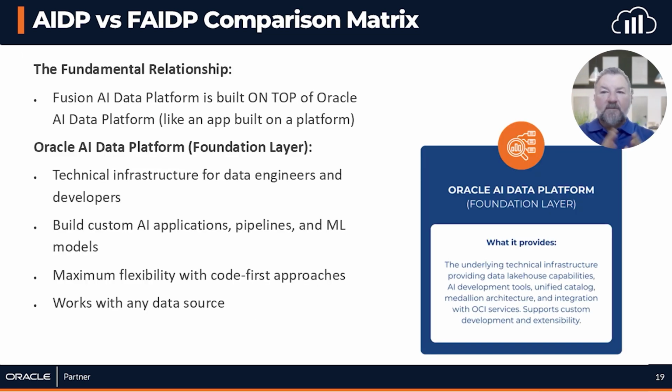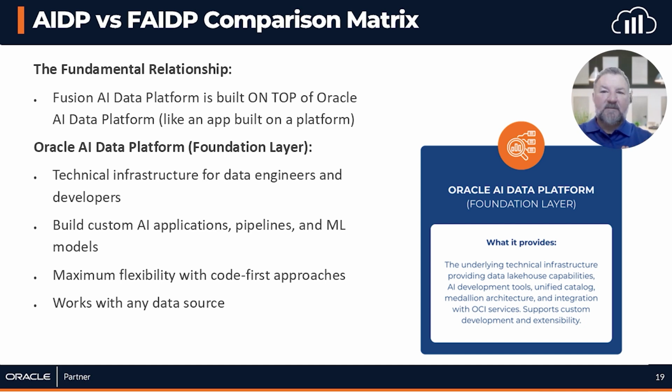So the fundamental relationship between Fusion AI Data Platform is that it's built on top of AI Data Platform. So when you look at FAIDP, if you'll allow me, it is using the AI Data Platform underneath as the platform it was built on. AI Data Platform is that foundation layer, the technical infrastructure for data engineers and developers, and then it's used for building custom.